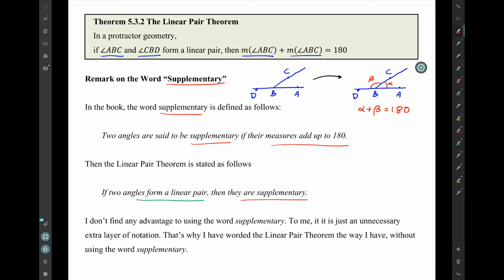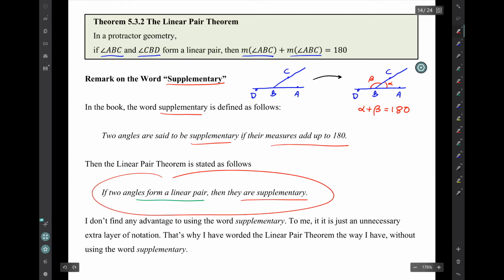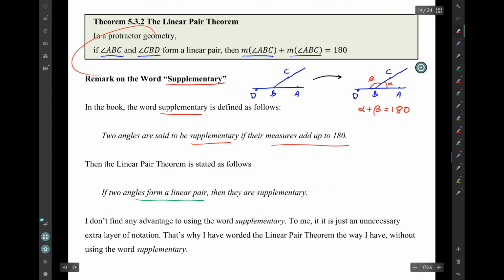I don't find any advantage to using the word supplementary. To me, it's just an unnecessary extra layer of notation. If you read that, then you've got to know what supplementary means and put that in your head instead of the word supplementary. I find it simpler to just say, if the two angles form a linear pair, then their measures add up to 180.